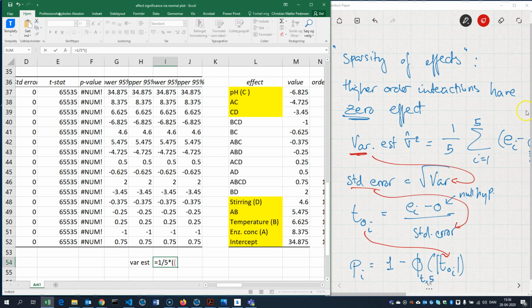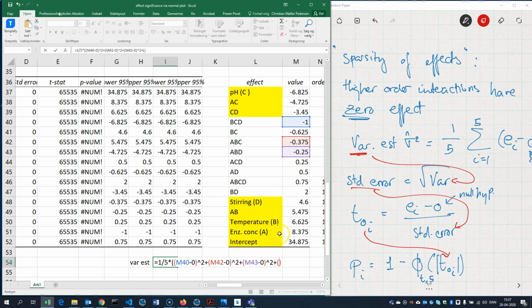And then we need to take the first effect here, that's BCD, minus 0 squared. You don't really have to subtract 0, but I'm just doing it for clarity. The next one is the ABC, minus 0 squared, plus ABD, minus 0 squared, plus ACD.